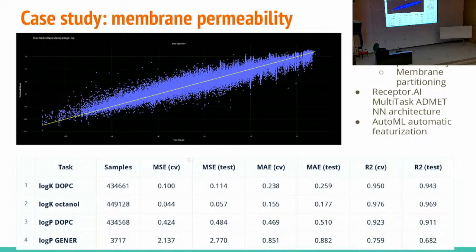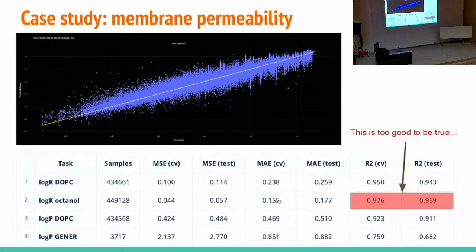We took the data from MolMeDB, which is a database of permeability developed here, and we used our multitask ADMET technique, our neural network architecture, to predict this. And immediately we see that the numbers are quite suspicious here. 0.97 means that we have 97% accuracy in predicting the permeability. And this is really suspicious. This is too good to be true.